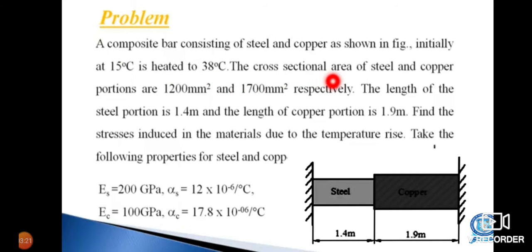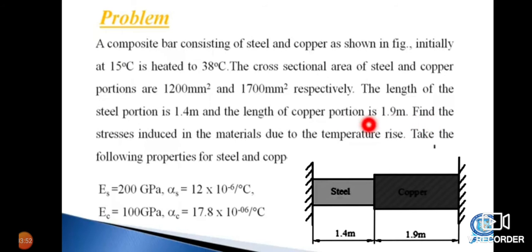The cross-sectional areas of the steel and copper portions are 1200 millimeter square, that is the steel area, and 1700 millimeter square, that is the copper bar area, respectively. The length of the steel portion is 1.4 meter and the length of the copper portion is 1.9 meter.